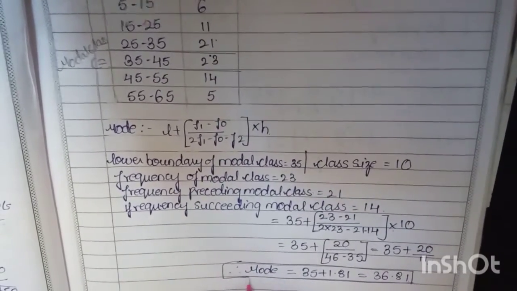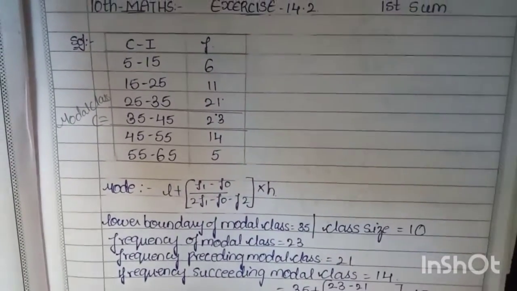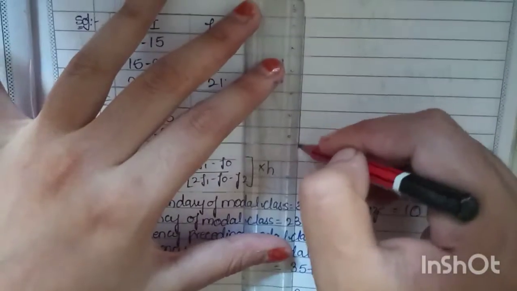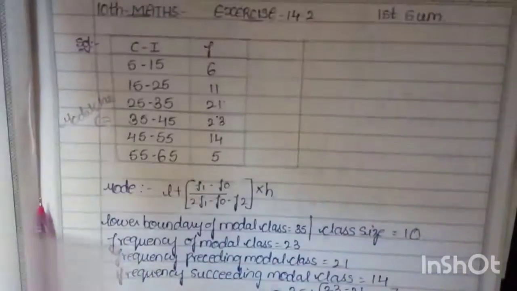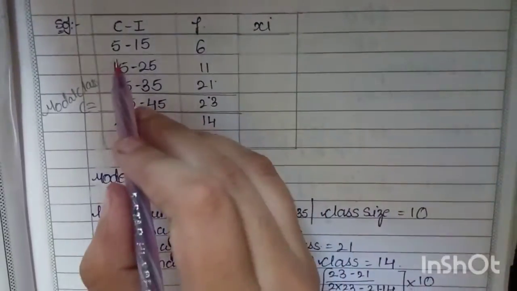So the answer isn't complete yet. We have to find the mean as well. For finding mean, we have to draw a column for xi, that is class marks. Class marks is the mid value, xi is the mid value of class intervals.